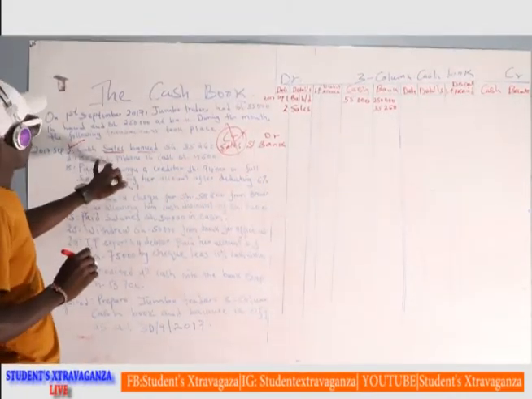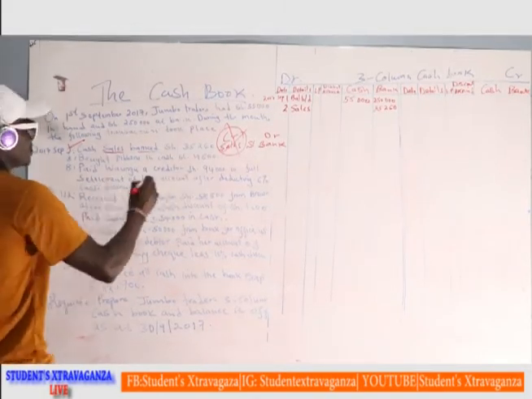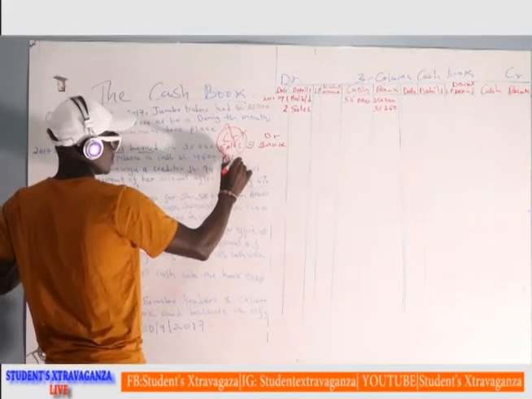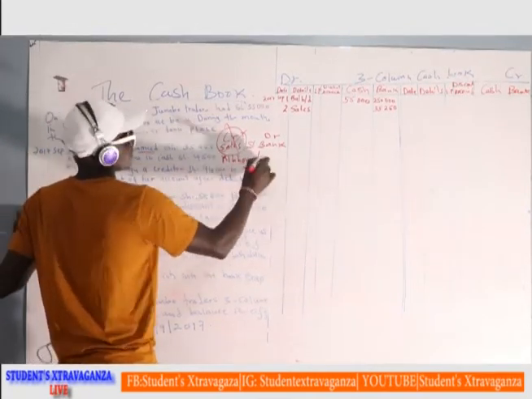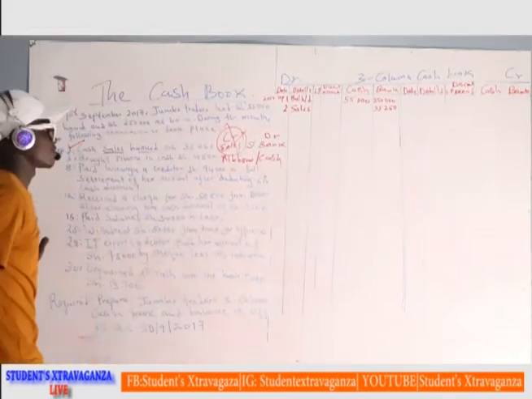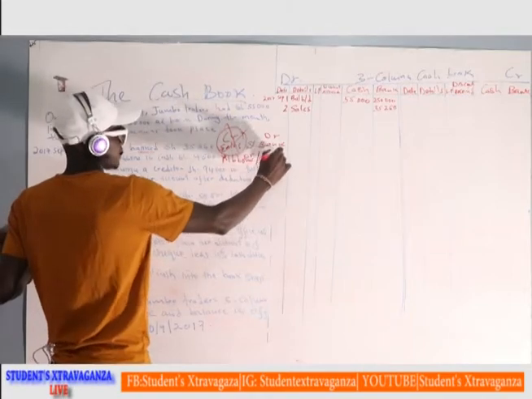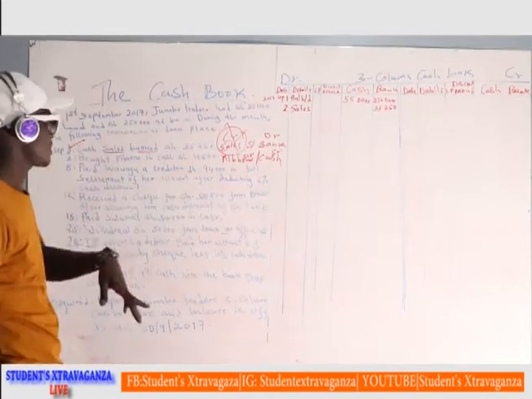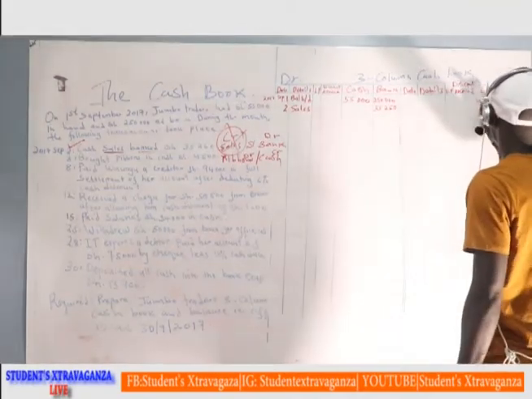On third, bought ribbons in cash 4,500. Accounts affected here are ribbons account and cash, of which we are going to debit ribbons and credit cash on the CR side. So cash is 4,500 on the CR side.